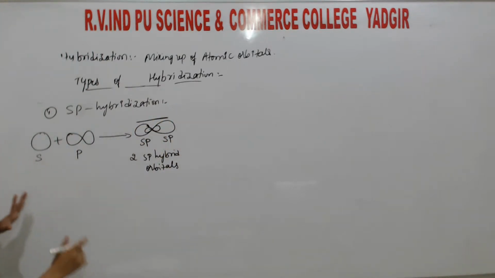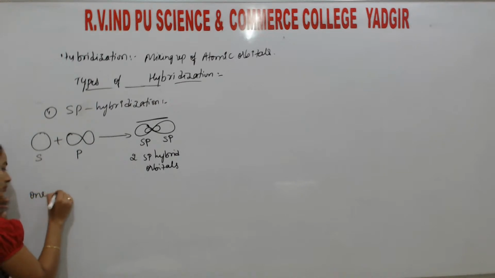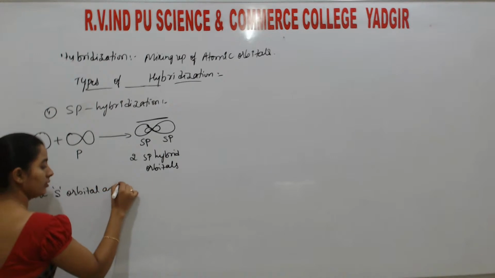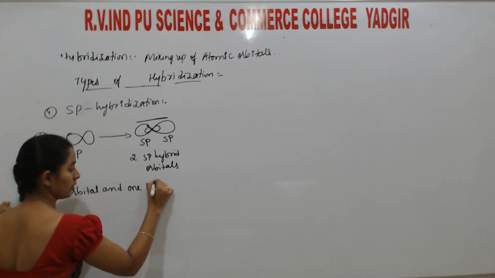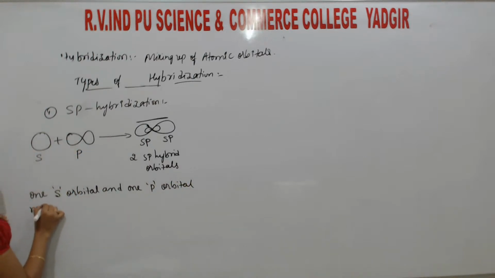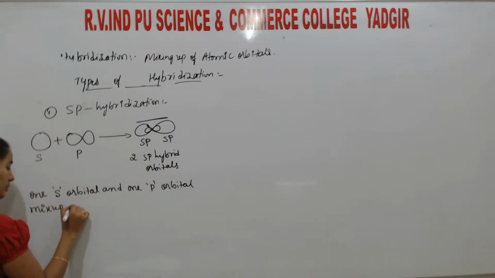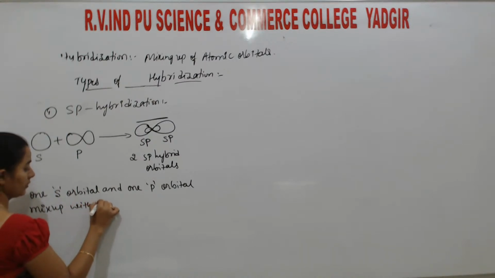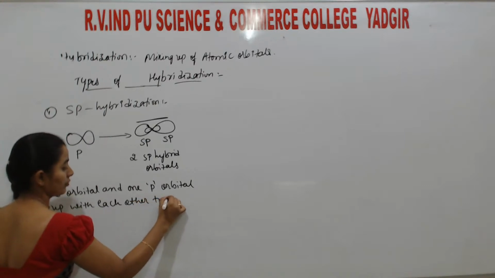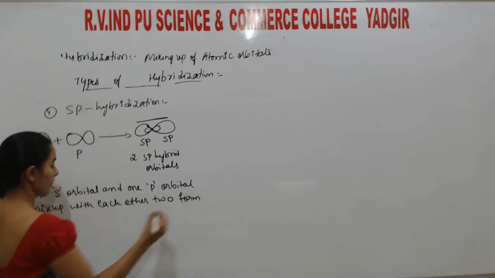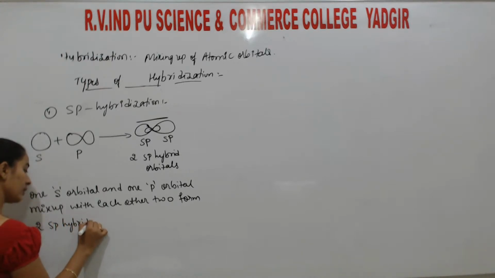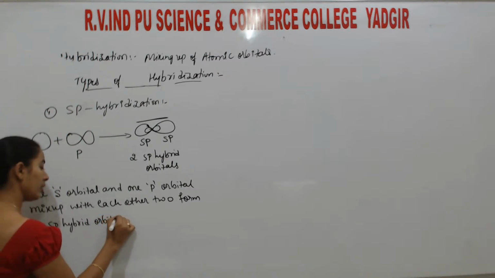I write here. So one s orbital and one p orbital mix up with each other to form two sp hybrid orbitals.